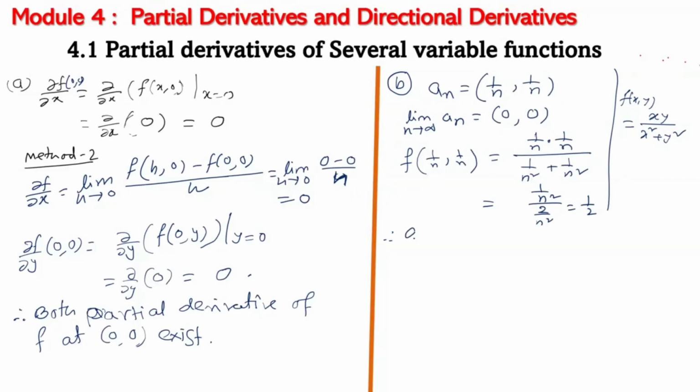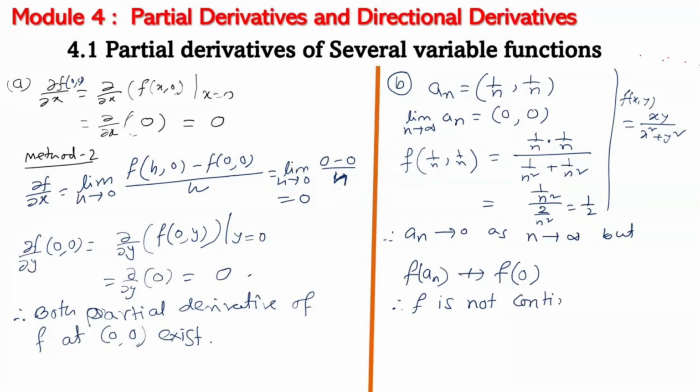So therefore an tends to (0,0) as n tends to infinity, but f of an does not tend to f of (0,0). So therefore f is not continuous.